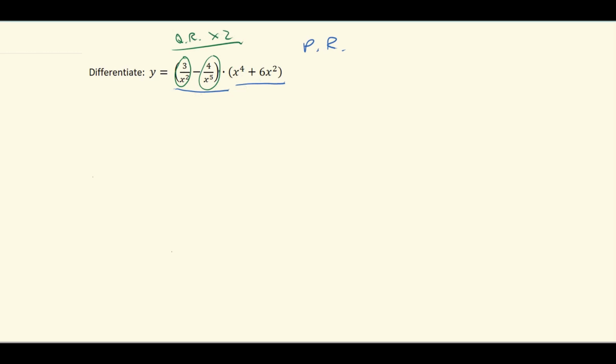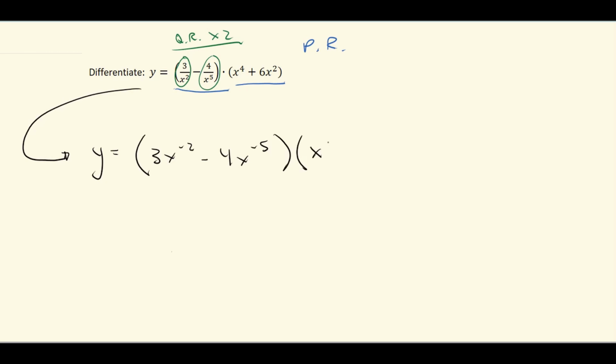So this is obviously going to be a kind of long, messy, annoying problem. So we're not going to solve it that way. We're just going to rewrite this. We're not going to take the derivative yet, but we're just going to rewrite this as y is equal to 3x to the negative 2nd power minus 4 times x to the negative 5th power, times x to the 4th plus 6x squared.